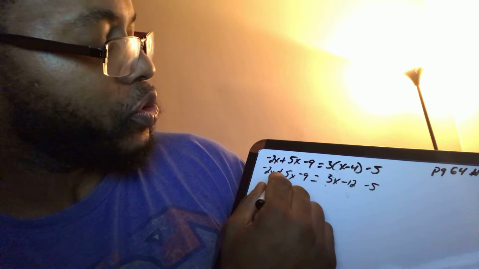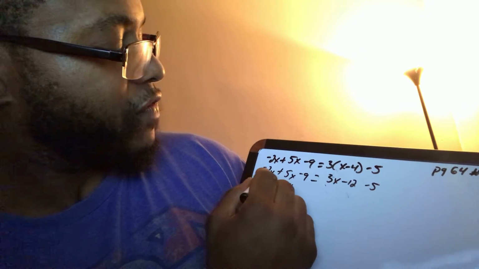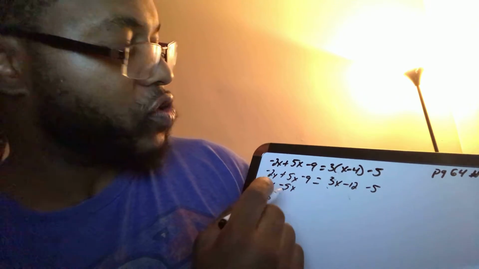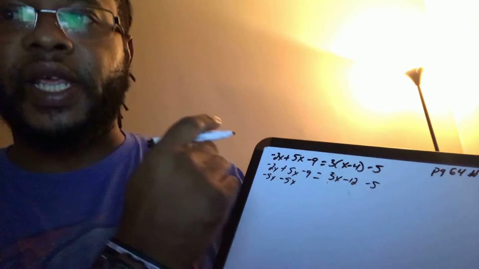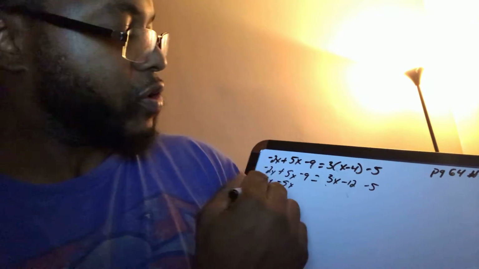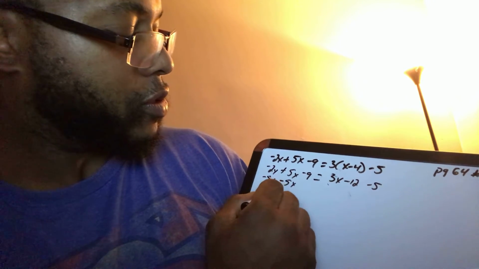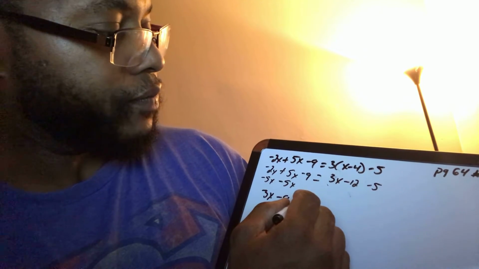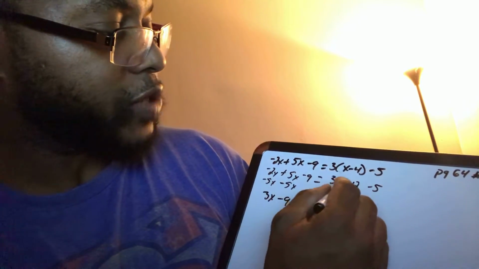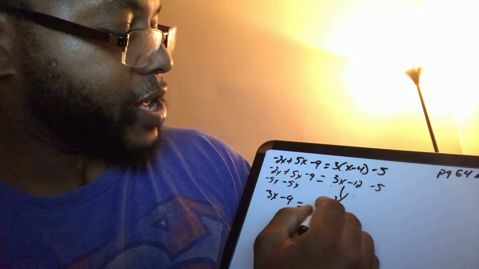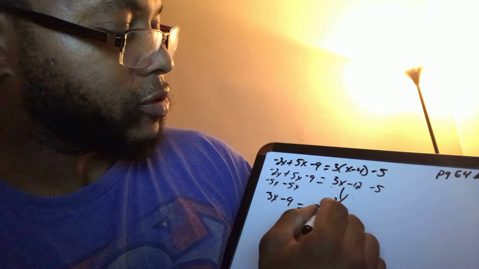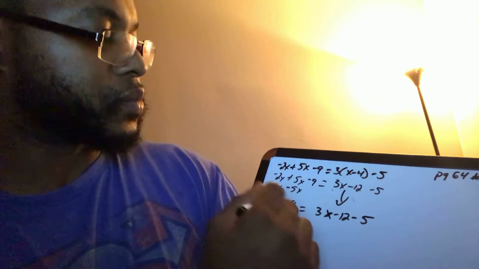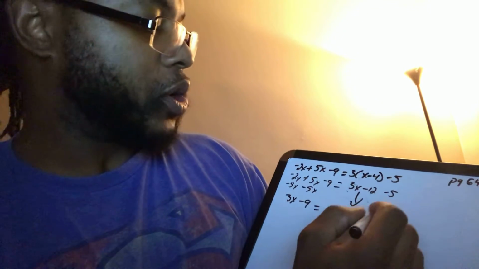So I'm going to subtract 5x from both sides. So -2x minus -5x gives us 3x minus 9 equals, as we bring this down, 3x minus 12 minus 5.